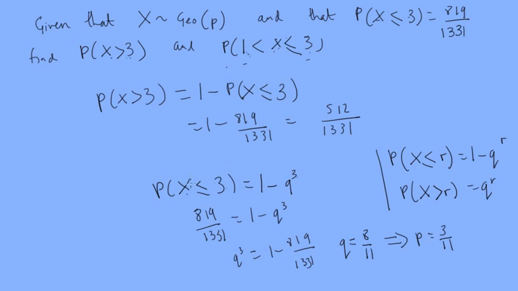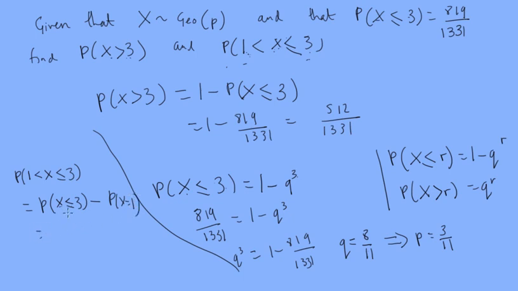Now, I'll write that next bit up here. We want the probability that x is between 1 and 3, or equal to 3. So that must be the same as the probability when x is less than or equal to 3, minus the probability when x equals 1.